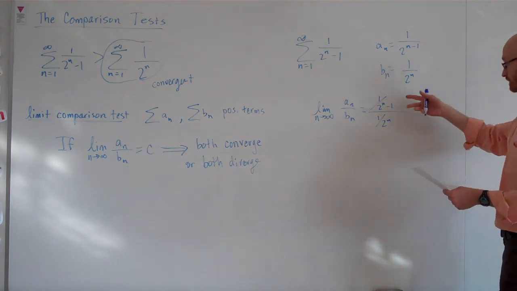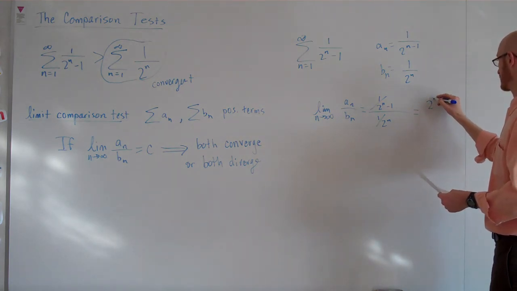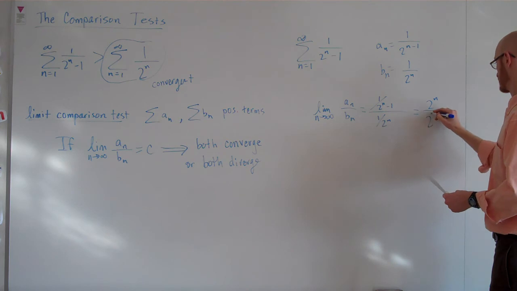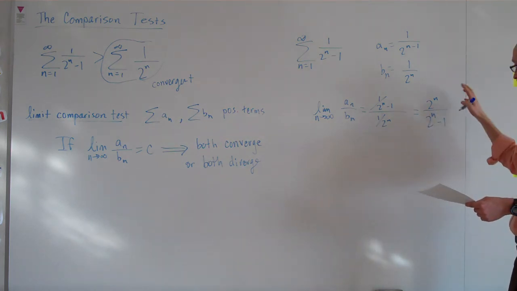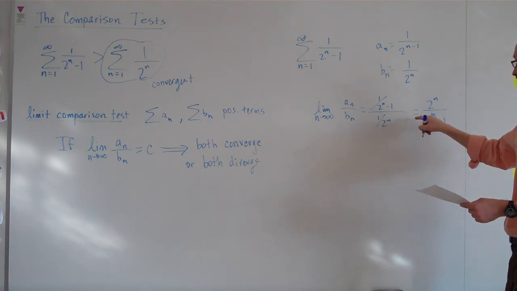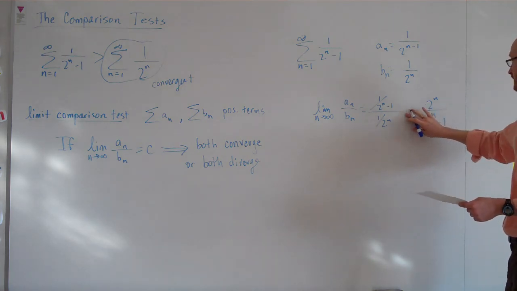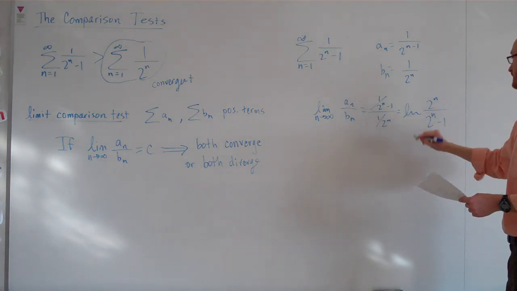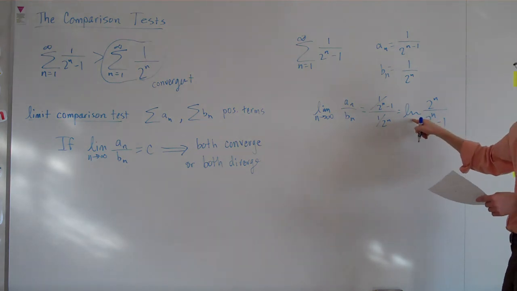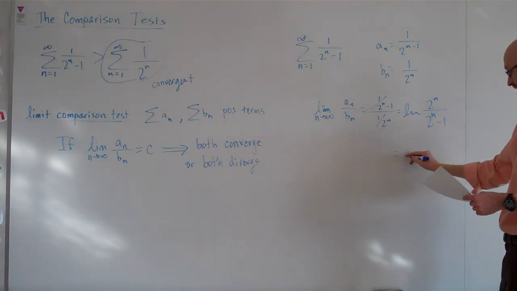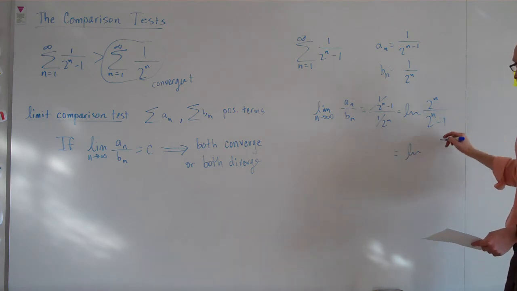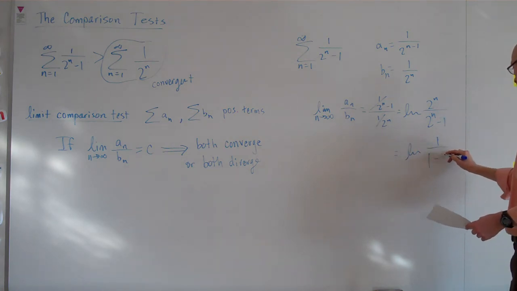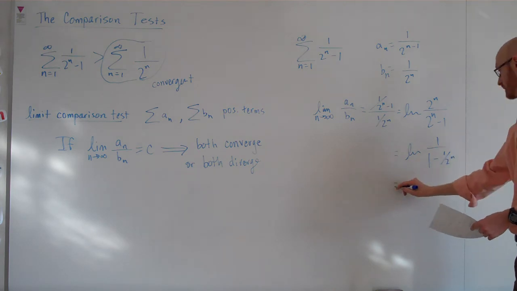And that'll be 2 to the n over 2 to the n minus 1. And then you can divide through. I should still have my limit signs here, sorry. I'll put those in. Cheesy looking limit sign, nice work. And then divide through by 2 to the n, so we get that, which equals 1.